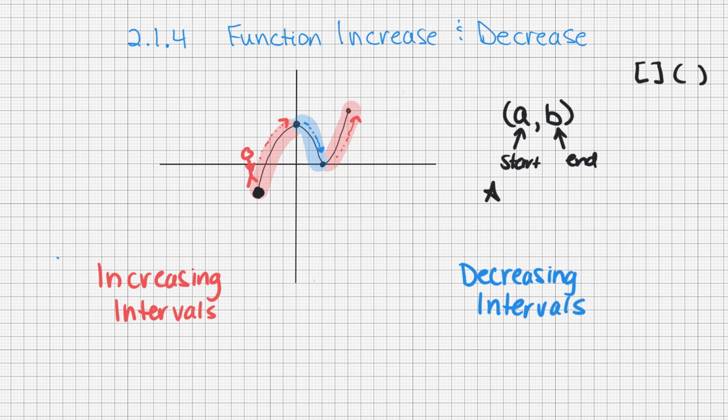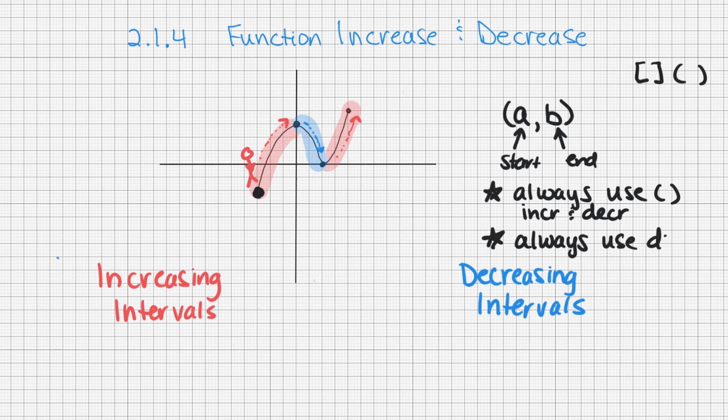So we're always using parentheses when we're looking at increasing and decreasing. The other thing you're always going to use is the domain values. Domain is what again? The x values. So we're only using the x values.